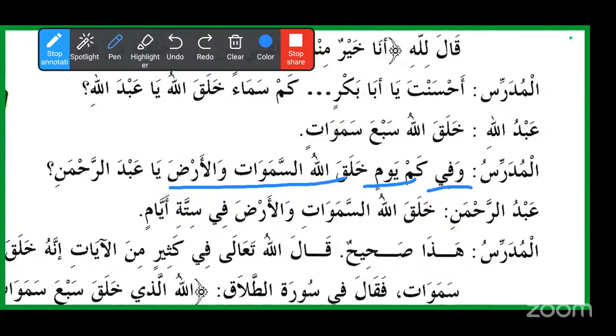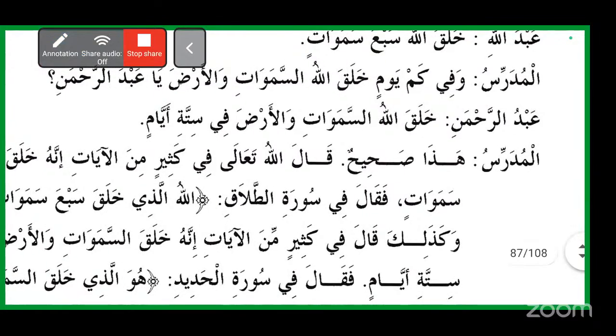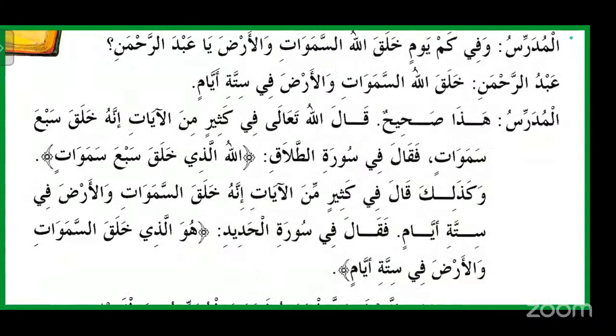Ya Abdurrahman, again the Abd has the fatha because it is the first part of the name. Then Abdurrahman says, Khalaqallahu samawati wal arda fi sittati ayyamin, in 6 days. Okay, I'll be moving a little bit faster now. Mudarris says, Haza sahihun, this is correct.